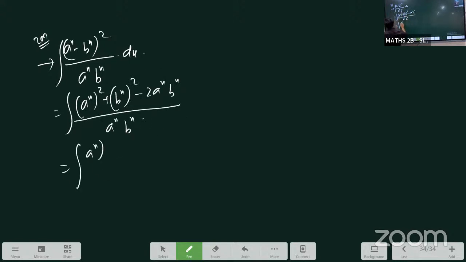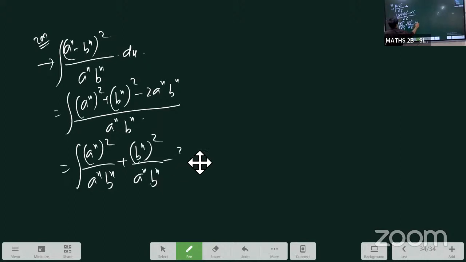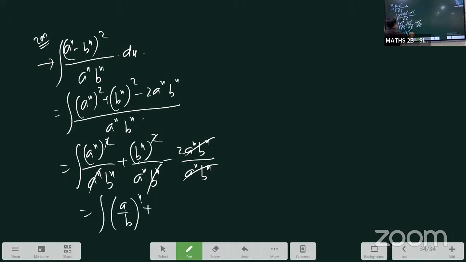Now separate your denominator for each and every numerator. These two get cancelled, one b power x, one a power x. We get a by b whole power x plus b by a whole power x minus 2 dx.